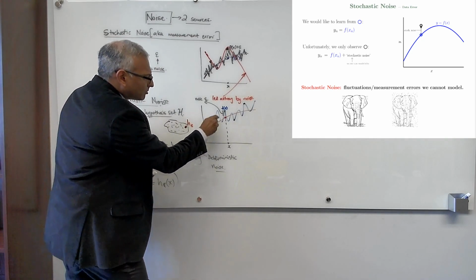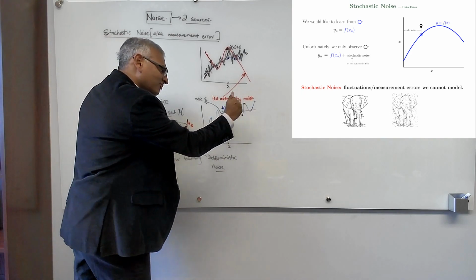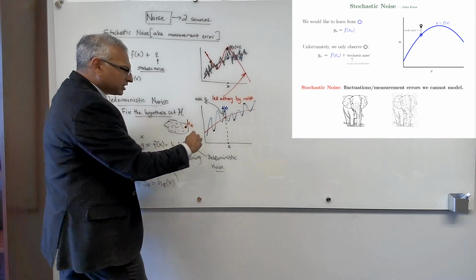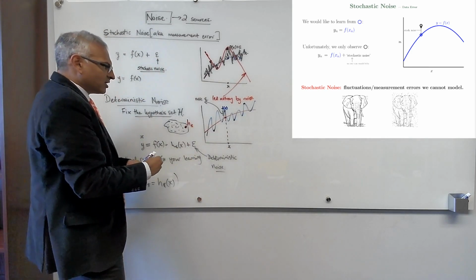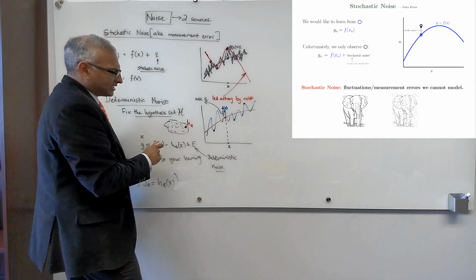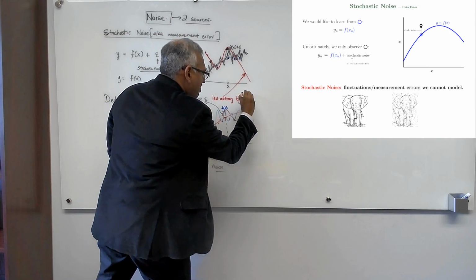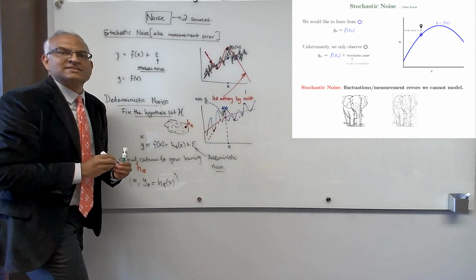So you try to model those black data points. And if your model has sufficient flexibility, instead of this red curve, you might output this red curve, which is much worse.